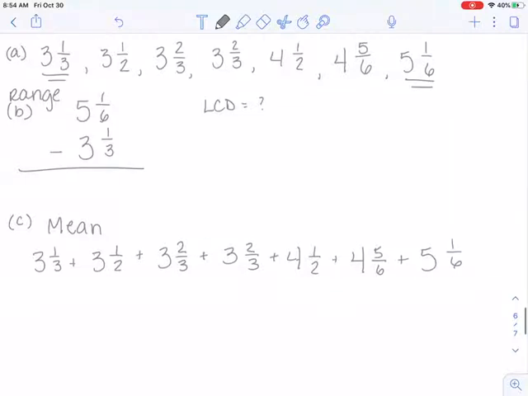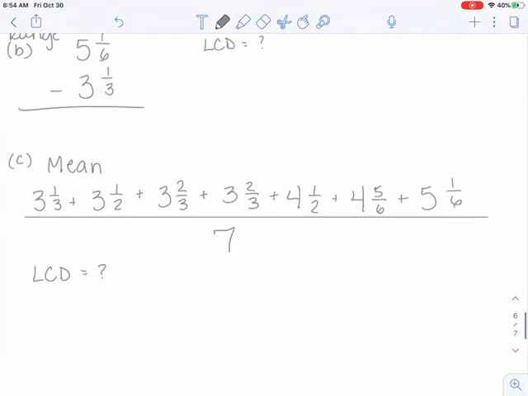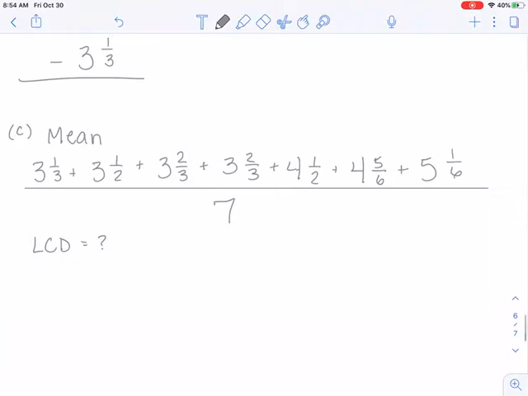Once you add those up, you divide by how many terms you're given, which is 1, 2, 3, 4, 5, 6, 7 terms in our set of data. So you will divide there by 7. Don't forget to find the LCD. Once you find the LCD, add those all up. At the end, once you have your fraction divided by 7, don't forget to do keep, change, flip as well.